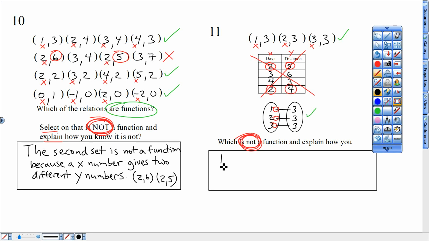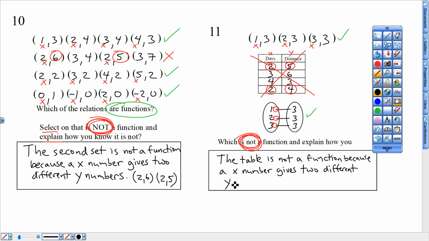I could say the table is not a function because a x number gives 2 different y numbers.